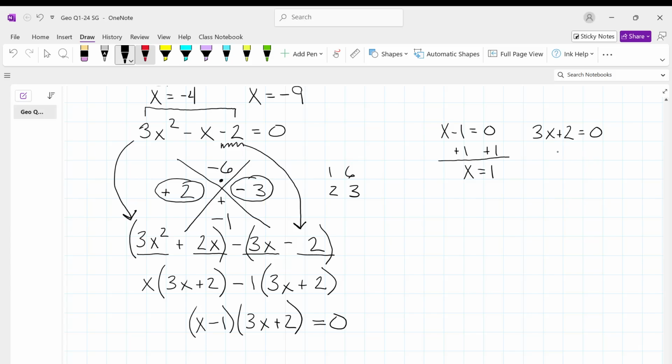In this second equation, we got to subtract 2 first. So 3x is equal to -2. And then divide both sides by 3. And we get an x equal to -2/3.